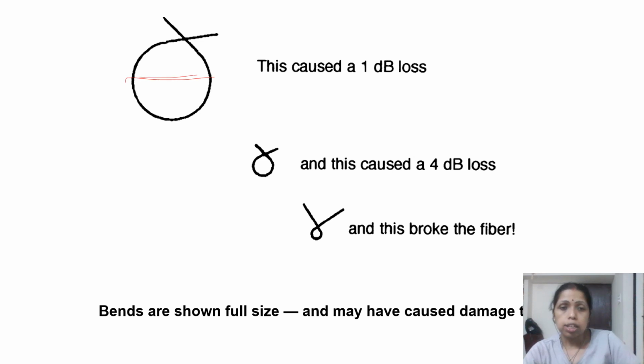The radius of curvature of the fiber should be large when it is placed inside the pole, so that time the loss will be less. If you bend like this, the fiber will break, and if you bend like this, there is high loss during handling of the fiber.